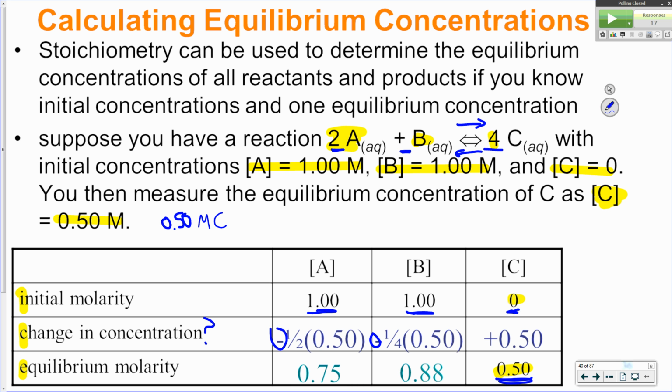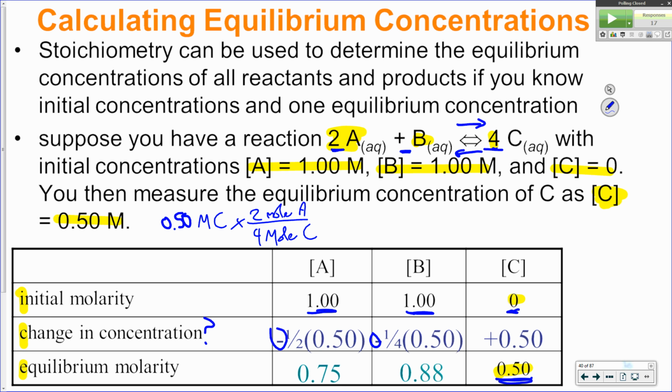And if I want to relate that to A, if it changed to be 0.5 molar in C, the relationship between C and A is that there are 4 moles of C produced for every 2 moles of A that react, or 4 moles produced for every 2 moles that are consumed.